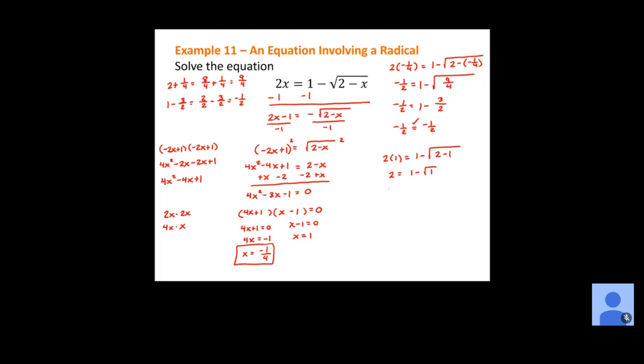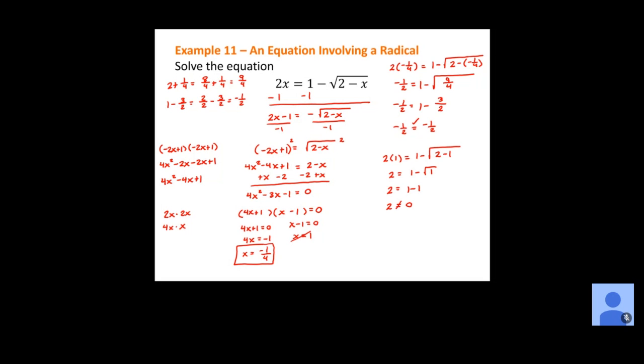Square root of 1 is just 1, so we get 2 equals 1 minus 1. 1 minus 1 is 0. And so in this case, 2 is not equal to 0. So this is not a true statement anymore. And so we can say that 1 is not actually a solution to that equation. So our only solution this time is x equals negative 1/4.